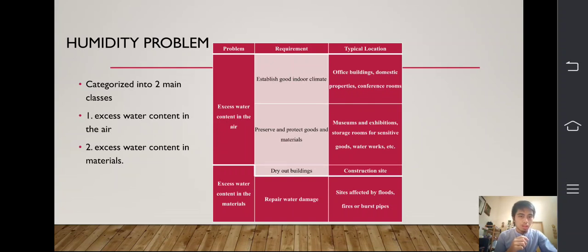So in this project, we are more focused on the first one, establishing a good indoor climate, as it is mostly used in rooms.